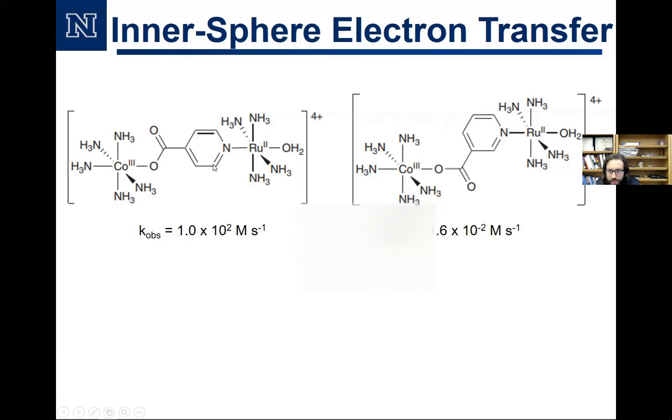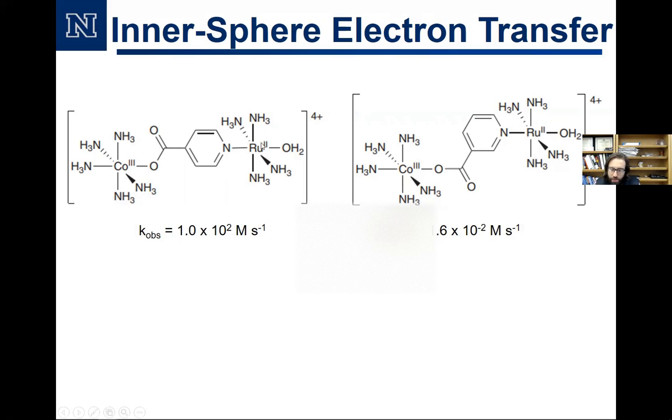And so this is good evidence that inner sphere electron transfer is happening in this case. And why is that? Because all the ligands are the same, but now you've affected the sterics of things by changing the position in which they're arranged.